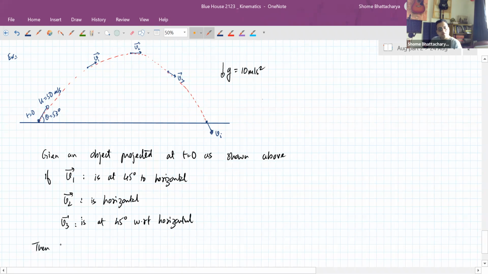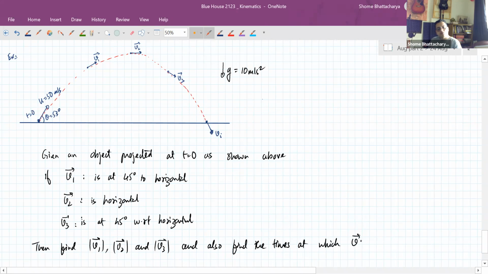Then find the magnitudes of V1, V2, and V3, and also find the time at which V is equal to V1, V2, or V3. What is the time at which the velocity takes each of these values?